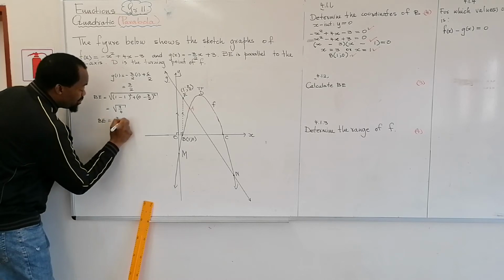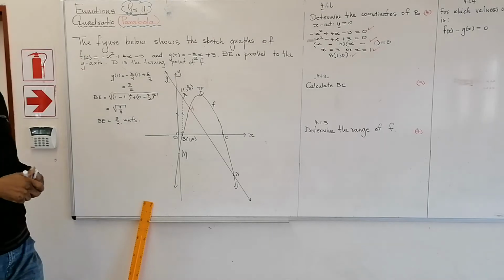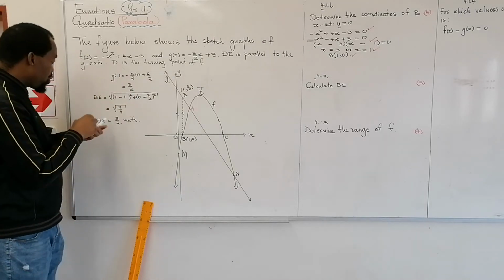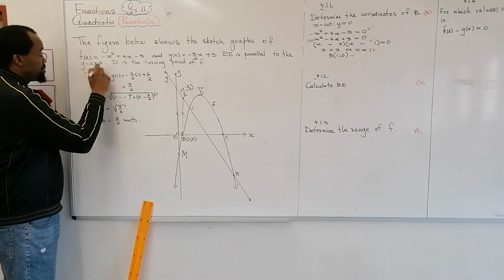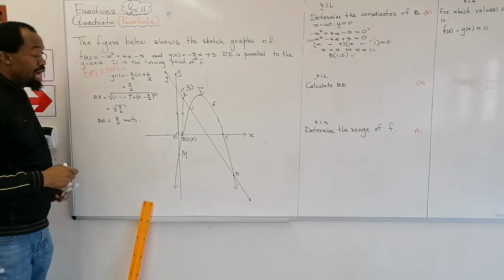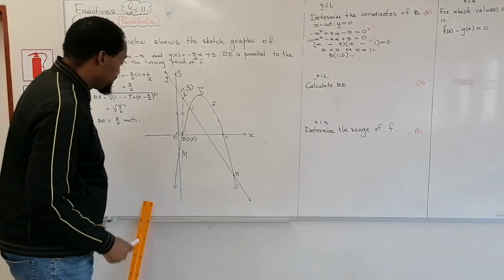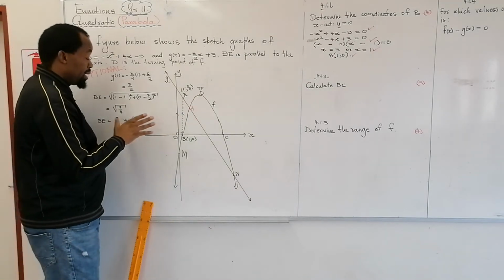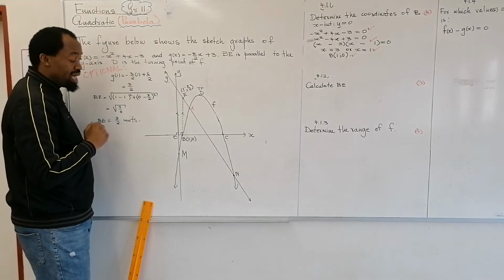Now, I know that BE is 3 divided by 2 units. I was doing here an optional method. Now, let me go there and now answer the question. This answer is also 100% for them.